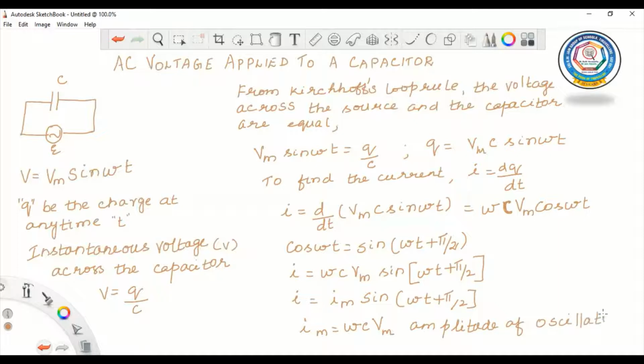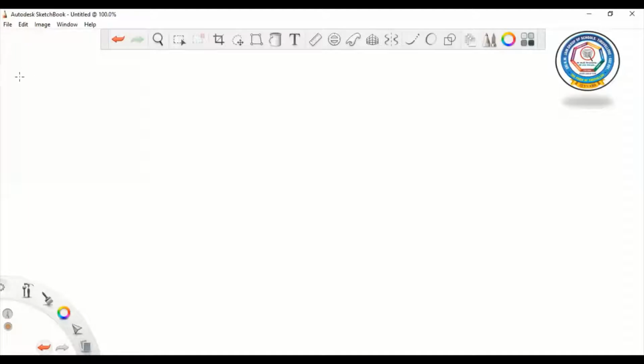This Im can also be written as Im is equal to Vm divided by 1 by omega C. So what is this quantity?